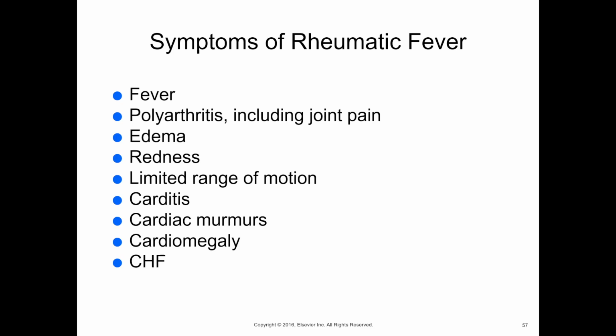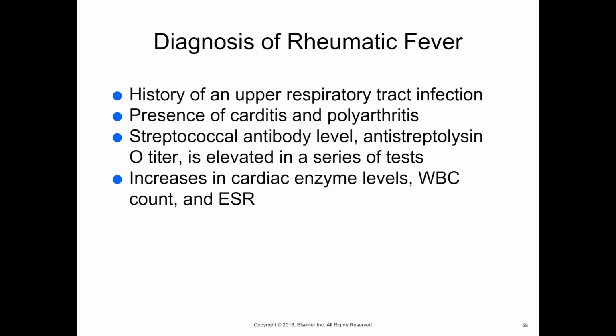Symptoms, again, all of our standard cardiovascular symptoms here. The key thing about this, though, is that this onsets weeks after the initial infection. So history is a key part of this, knowing that they had an infection within the last, I would say, 2 months is a big thing here.